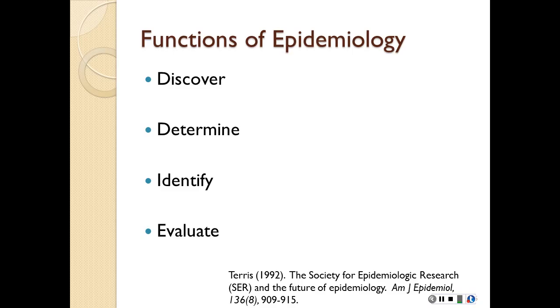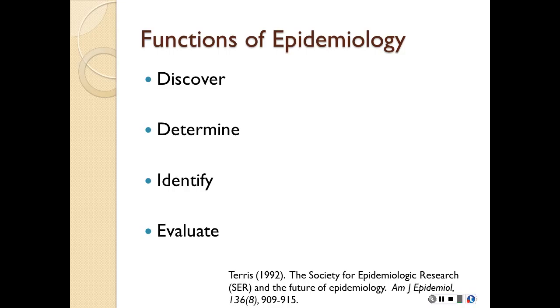We want to discover other factors that influence health. This particular area of epidemiology we use to provide the scientific basis for the prevention of disease and injury and for the promotion of health. We also use epi to determine the relative importance of causes of illness and disability.